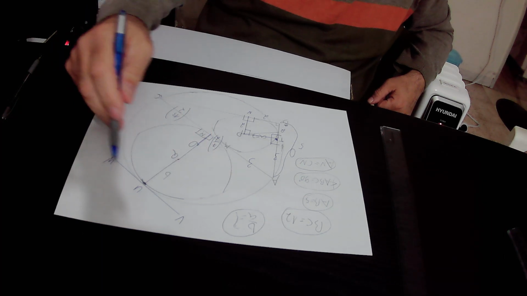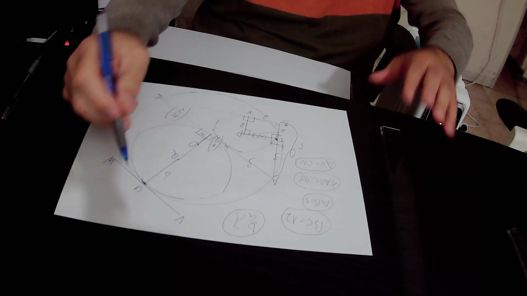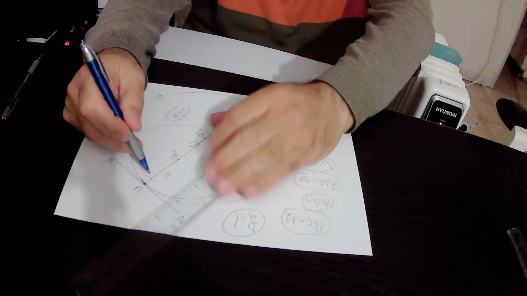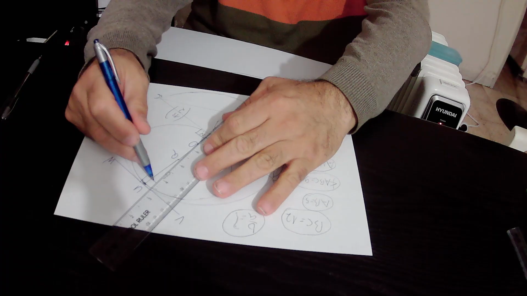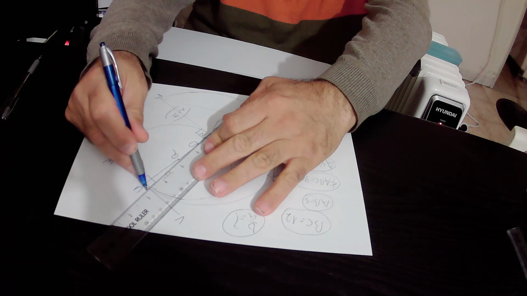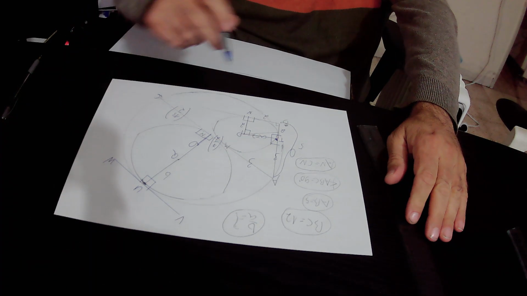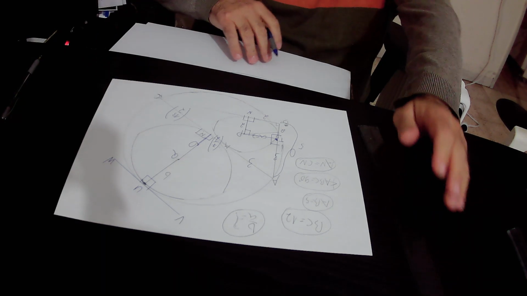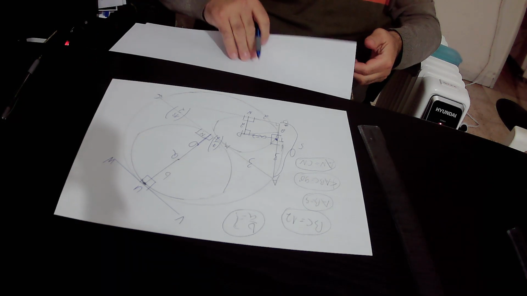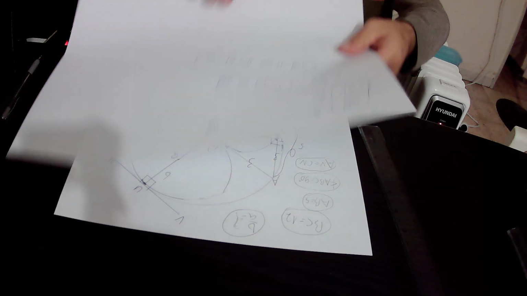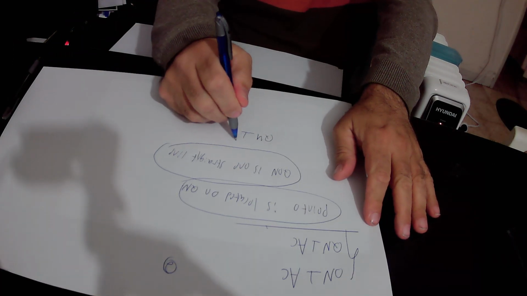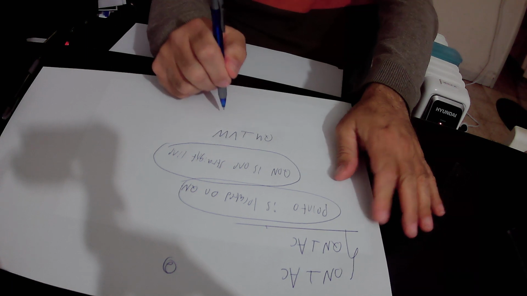If VW is perpendicular to UQ, it means that this angle equals 90 degrees, and this angle also equals 90 degrees according to rule number 1. So we can write down that QU is perpendicular to VW.